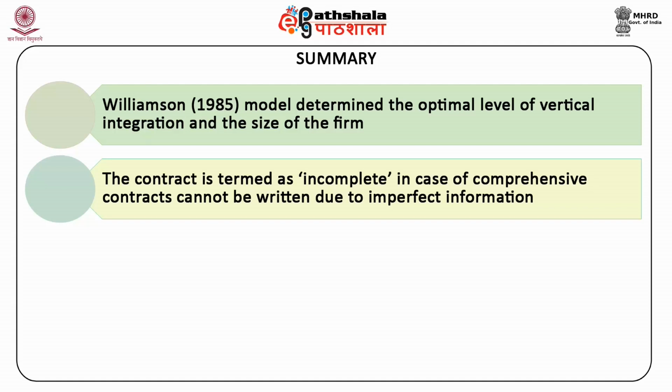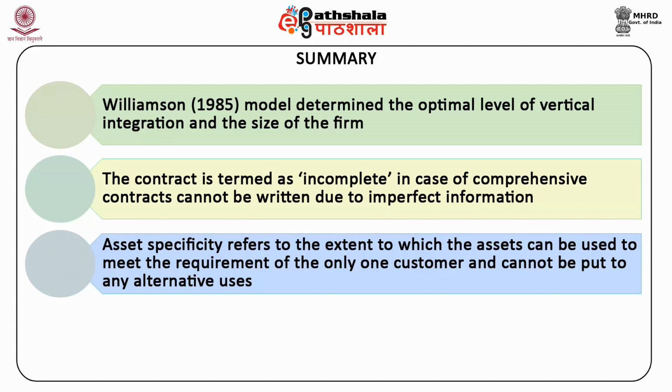Asset specificity refers to the extent to which the assets can be used to meet the requirements of only one customer and cannot be put to any other alternative uses without compromising their productive value.